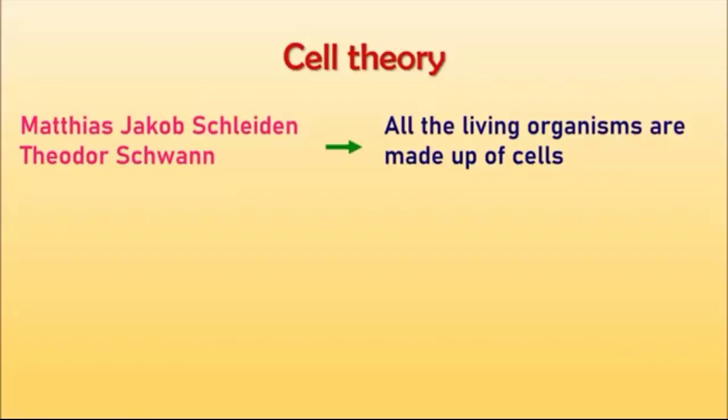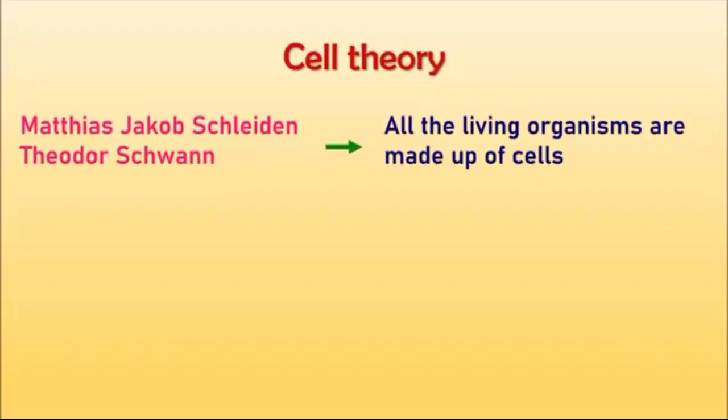Earlier, several scientists had worked on the structure of the cell, but Schleiden and Schwann observed the cells of different kinds of organisms and finally postulated a theory containing a concept that all the living organisms are made up of cells. But they did not speak about the production of new cells.